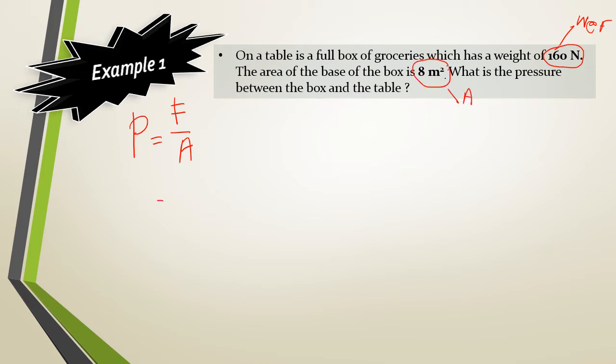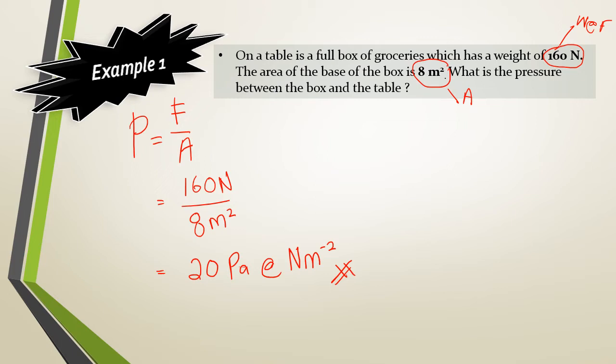So kita boleh kata force ataupun weight of the box adalah 160 Newton over surface area berapa? 8 meter square. So the answer will be 20 Pascal ataupun Newton over meter square. Ni jawapan dia. Mudah kan? Okay, good. So we proceed.